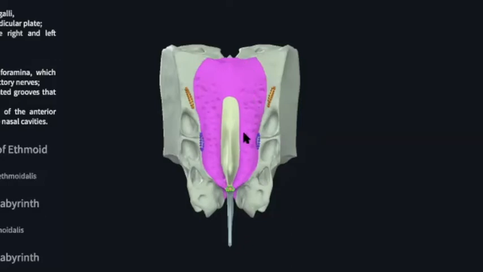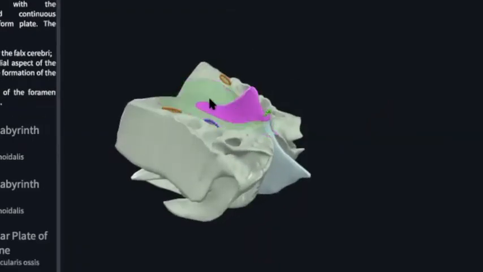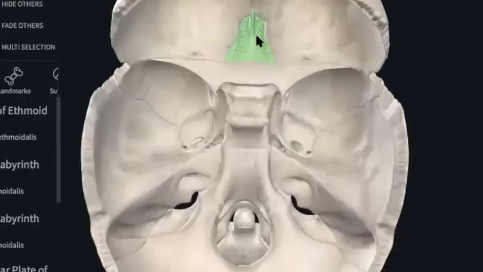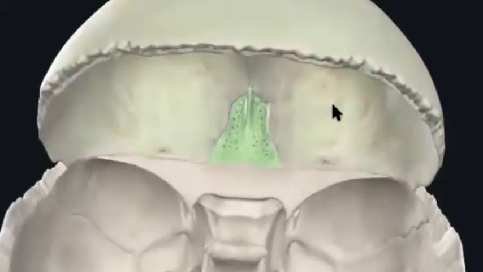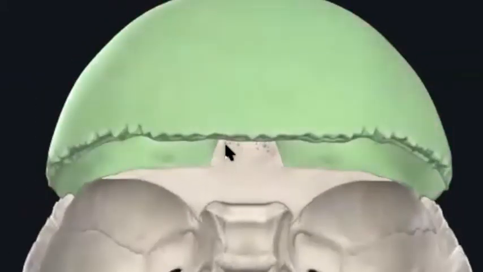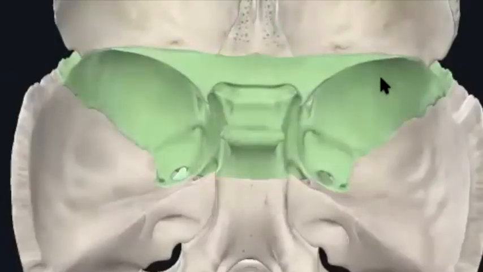This is where your olfactory nerves dangle down into. And then you have this little ridge right over here called the crista galli. These are all ones you could see from the top. So that's your frontal bone, then your ethmoid bone, and then you get to your sphenoid bone.